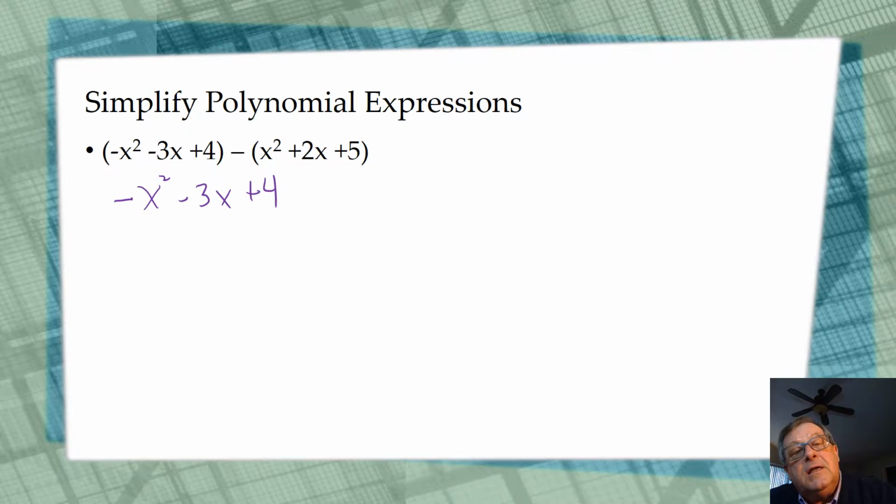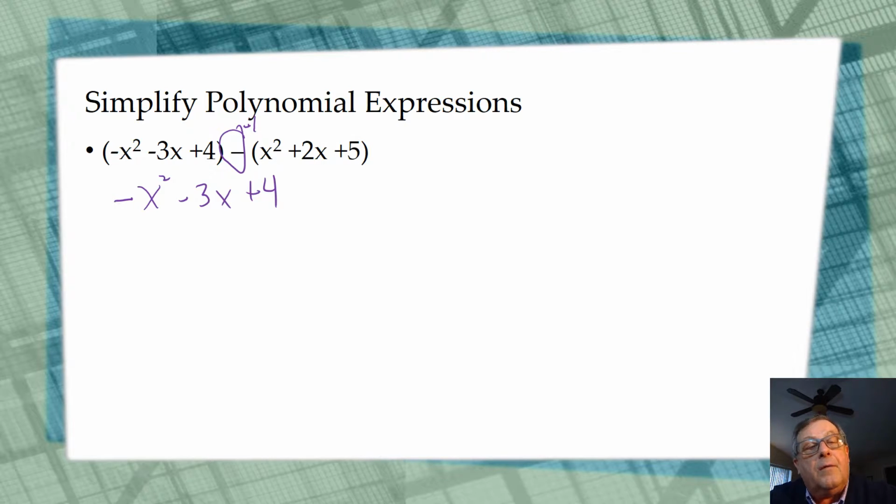Now this negative sign, this subtraction symbol, we want to view as if it's negative 1. And we're going to have to distribute negative 1 to everything inside that parentheses, which is going to have the effect of changing the sign of each of those terms.